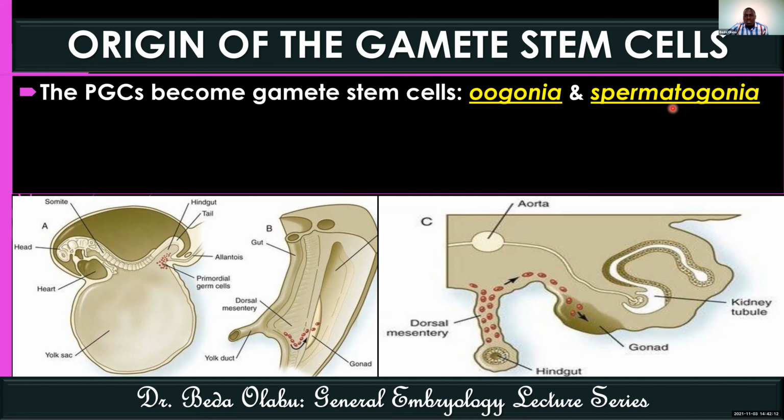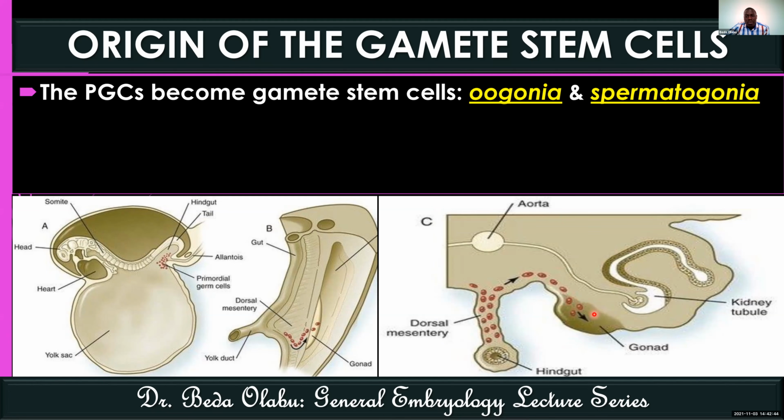The decision on what the indifferent gonad will become, we're not discussing now. There are some factors that determine whether the indifferent gonad will form the testis or the ovary. So I'm saying we don't know what the indifferent gonad will become.